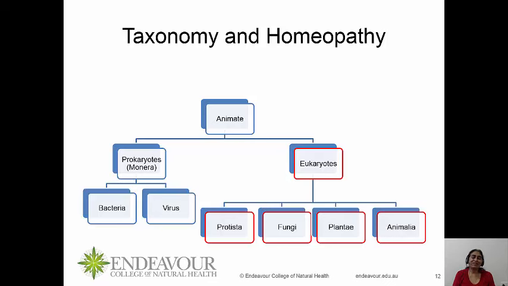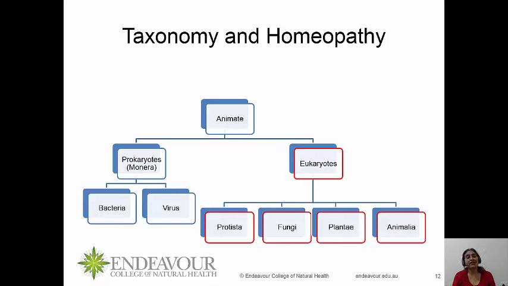Now, protista is a funny group because protista has got all those organisms which cannot be classified under plants or animals or fungi. And the only common feature for them is that they are all eukaryotes. They could be unicellular, they could be multicellular, they could be autotrophs or heterotrophs. Autotrophs are those organisms which can make their own food.